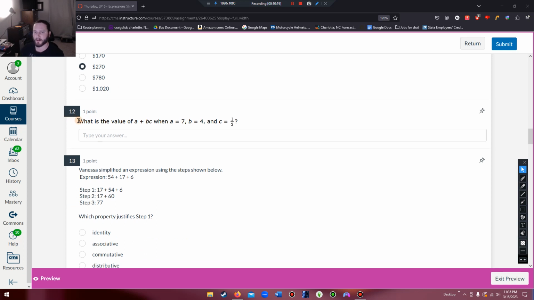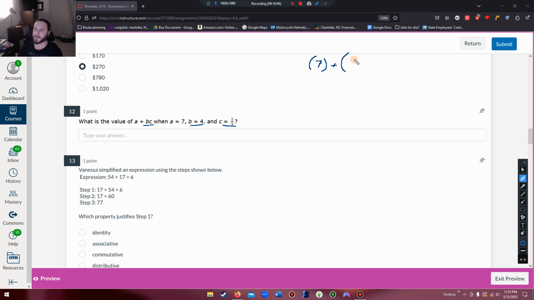For number 12, it asks, what is the value of A plus B times C, when A is 7, B is 4, and C is 1/2? So I have to replace all of these. We had A, B, and C. So replace the A with a 7, okay? And then plus, we're replacing the B with a 4 and our C with 1/2.